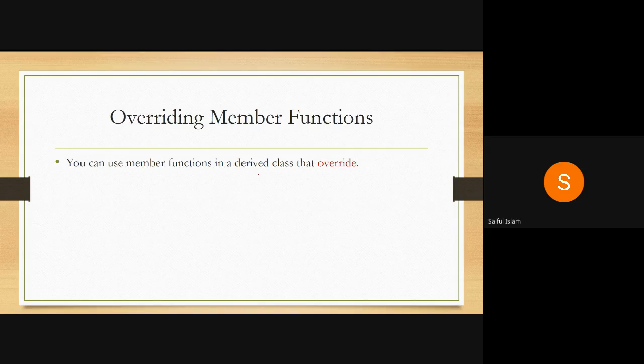So if you have a show in a base class, you can also write a show in a derived class. Here I have two different definitions, one in the base class and another in the derived class. I call that type of overloading an overriding. So here one definition is overridden. The function has the same name as the one in the base class.